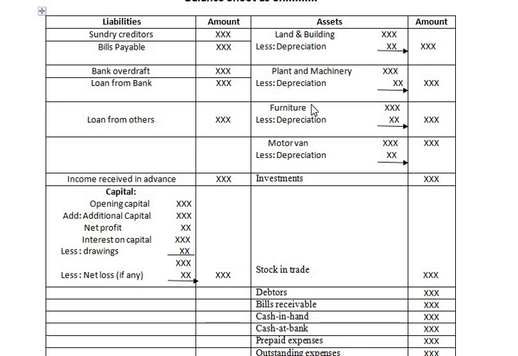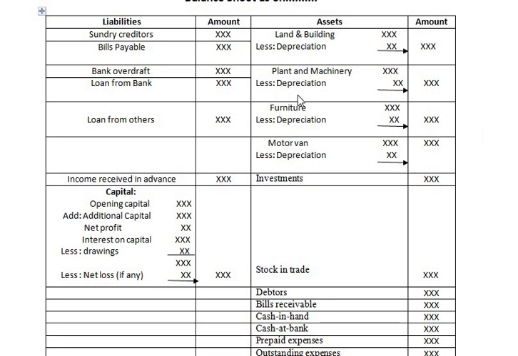So deduct the amount of depreciation from plant and machinery and write the amount in the outer column. Furniture, then deduct the amount of depreciation and then write the amount in the outer column. Motor van, okay, amount in the inner column, less depreciation, amount in the outer column.